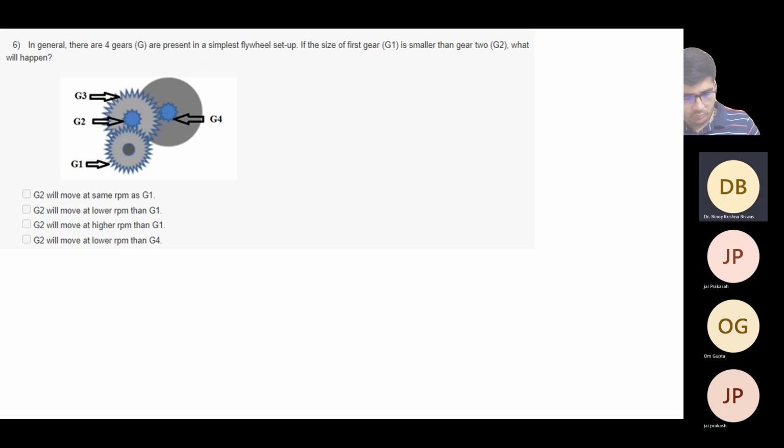Sir, may I answer? Yes, please. Sir, the smaller gear will move with high RPM. No, you have to give the option. Second option: G2 will move at lower RPM than G1. Okay.